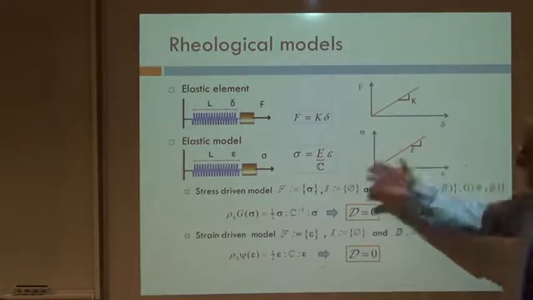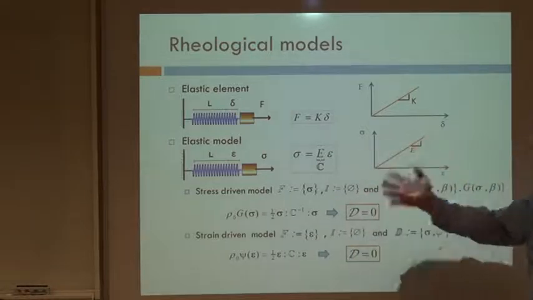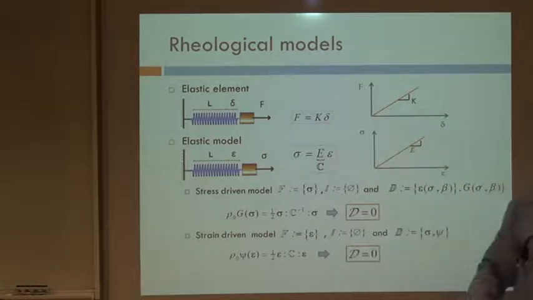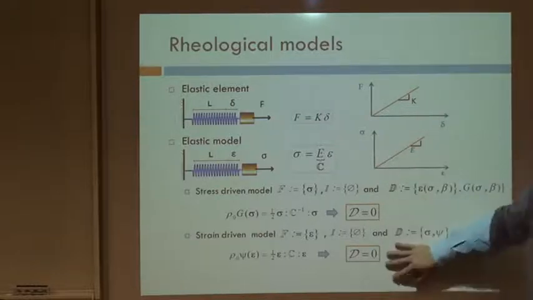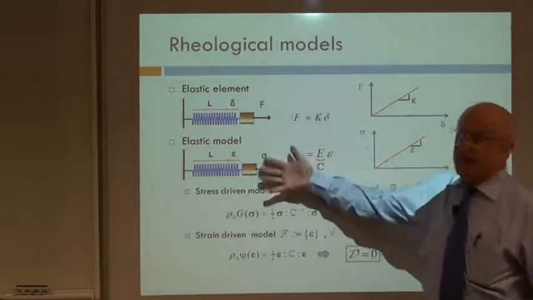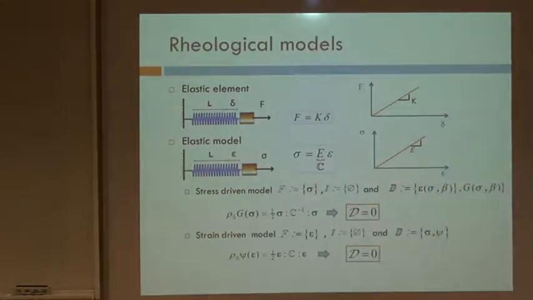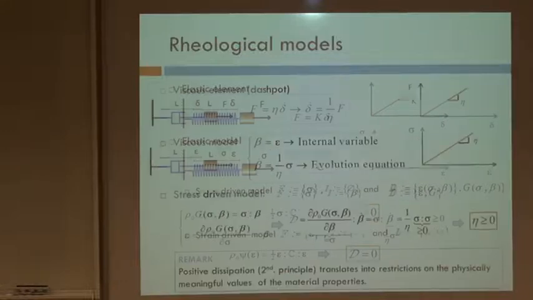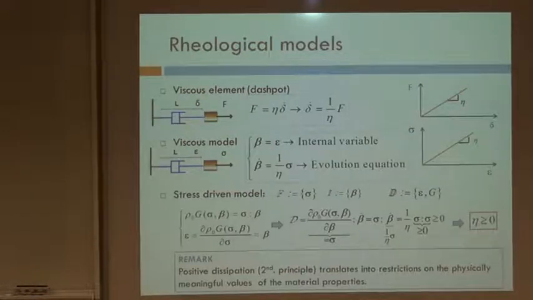Again, by manipulating all that and using the methods we have seen before, the dissipation in most cases is 0. Okay? So somehow this is the summary that we take of the main ingredients for an elastic model. Okay? So far, so good. Let's go to the next step.